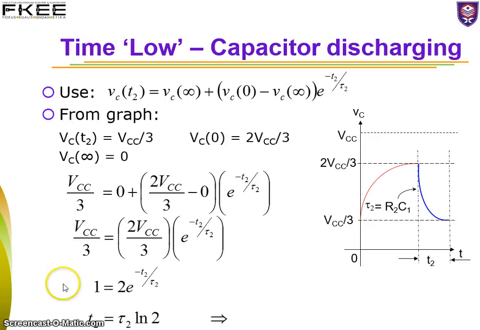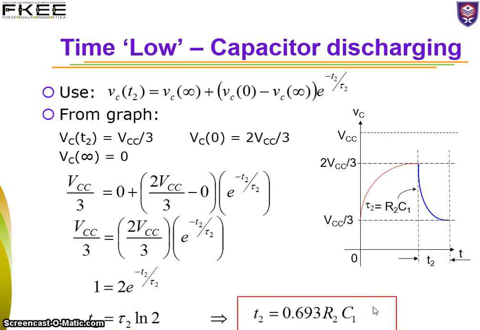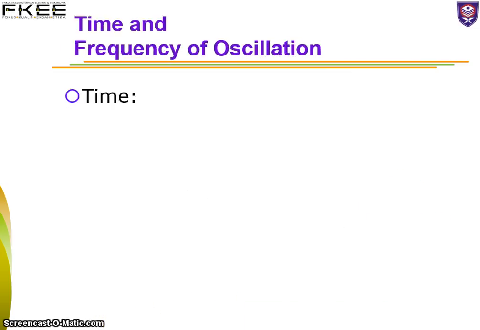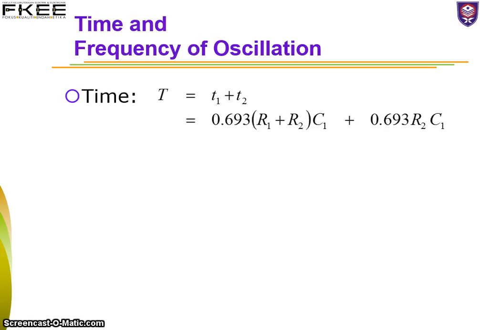We are taking natural log on both sides. I just simplify this: 1 equals 2e to the minus T2 over tau 2. So I make it positive, and it will be T2 equals tau 2 natural log of 2. So T2 will be 0.693 R2 C1. The time for one period T equals T1 plus T2.